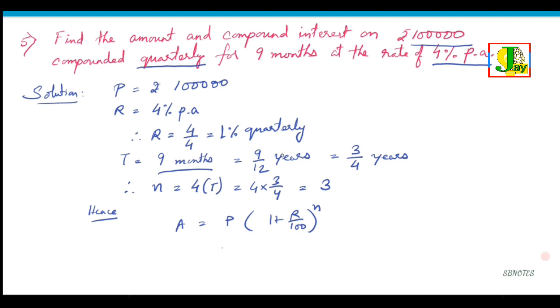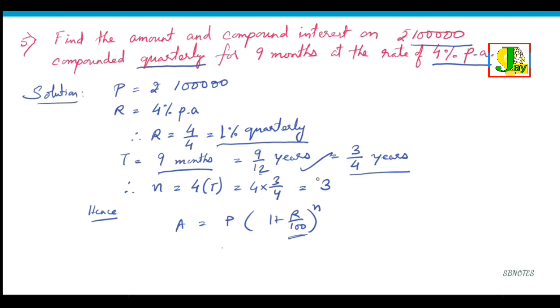Now what are the things we are going to change? First of all, we can write r by 4 here, because the rate of interest is compounded quarterly. Or else we can directly convert it first: 4% per annum divided by 4 gives 1 per quarter. For 9 months, meaning 9 by 12 years, that's 3 by 4 years.